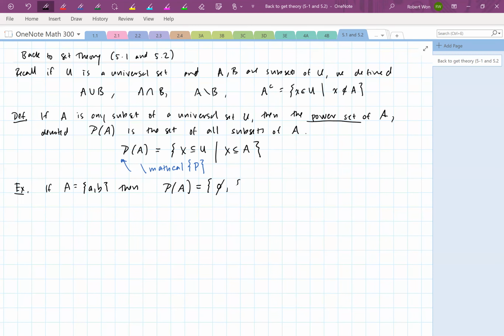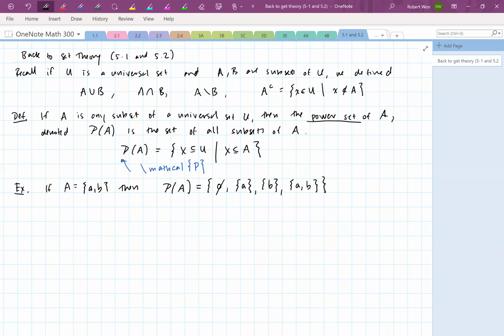Also, just the set containing a, that's a subset of A. Also, just the set containing b, that's a subset of A. And also, the whole set itself is a subset of A. But that is every single possible subset of A. So here, the power set of A contains 4 elements: the empty set, the set containing a, the set containing b, and A itself.